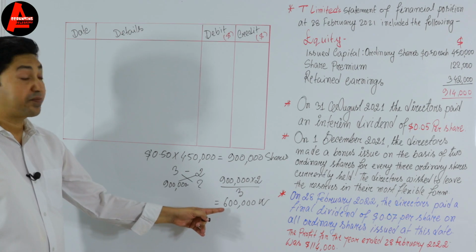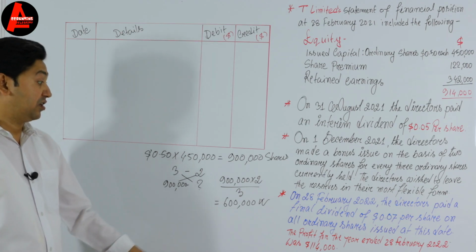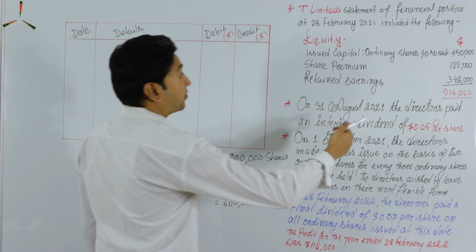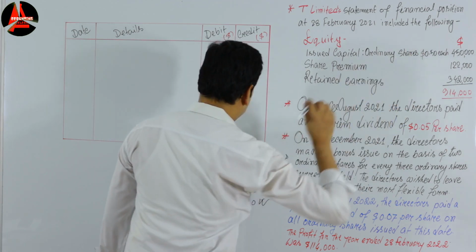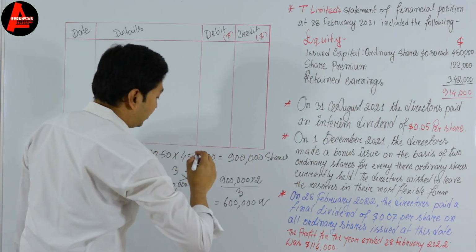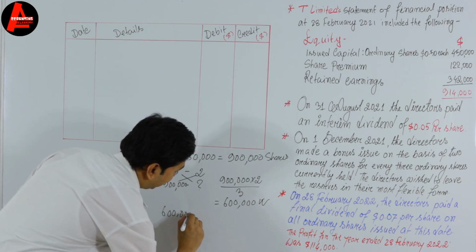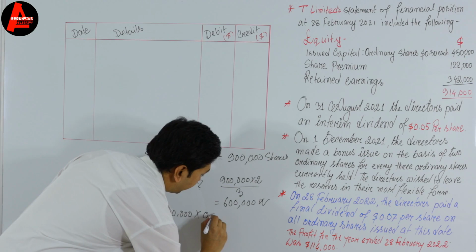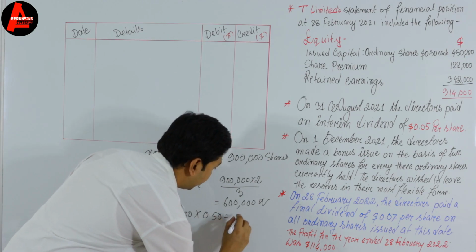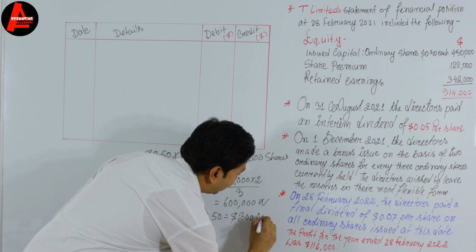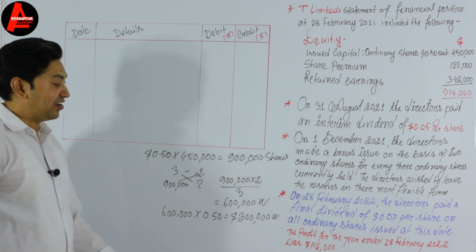Now what is the price for these 600,000 bonus shares? The share price is $0.50. So 600,000 shares times $0.50 per share, we get $300,000.